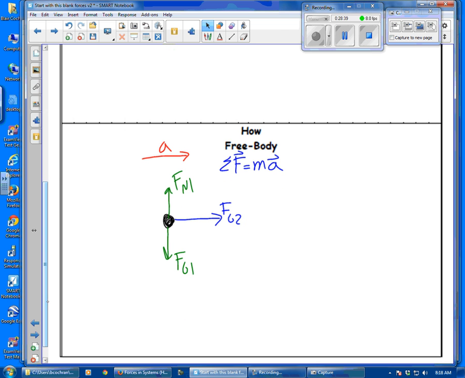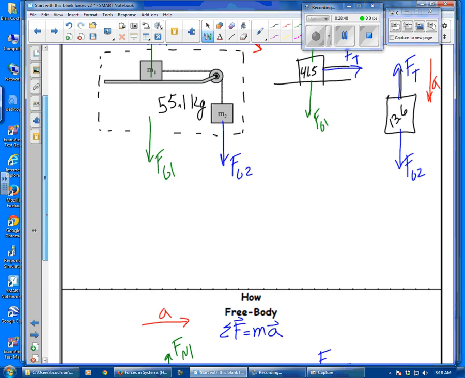Fill in my equation mathematically. Oops. What was that? Inertia, 55.1.